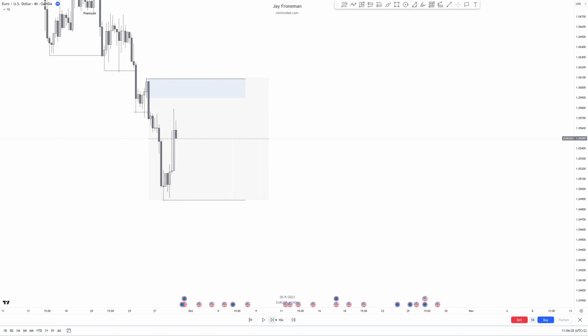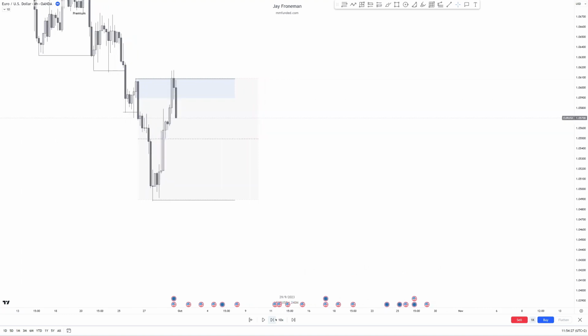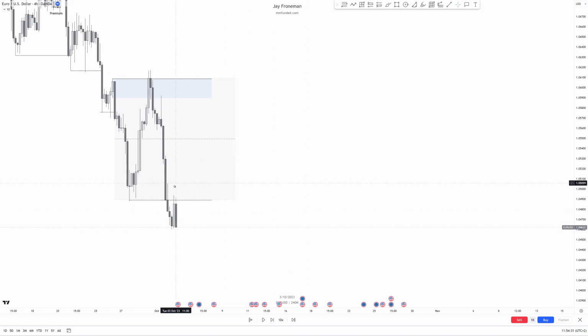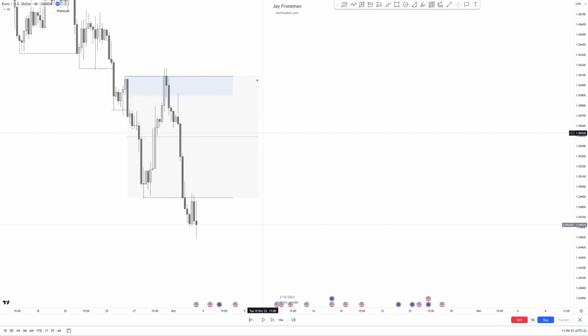Okay, mitigation of the discount, mitigation into the supply to continue targeting those weak lows. All right, here's a good example of where we swept liquidity, mitigation of supply. We actually swept the supply as well. We produced a displacement with a fair value gap entry to continue targeting those expectational weak lows.